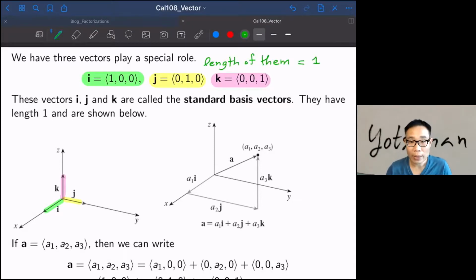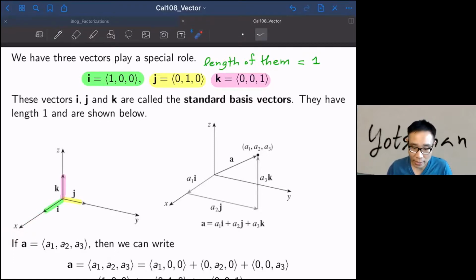So when you have length equal to 1, you can use them as the representation of how we measure the vector on each axis. So this one is going to be 1 unit in x, 2 units in x, 3 units in x respectively.